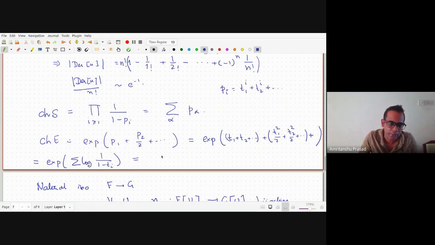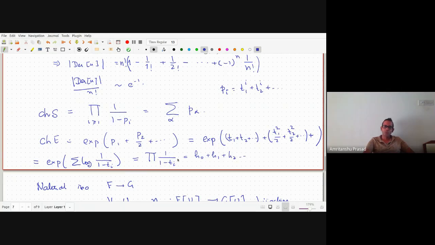But that is the same as... so now I can take it out, and I get the product of exponential of log of 1 over 1 minus ti, which is 1 over 1 minus ti. So this is the generating function for complete symmetric functions. So this is H0.